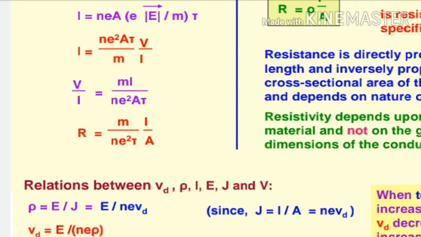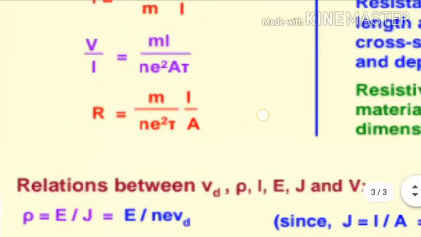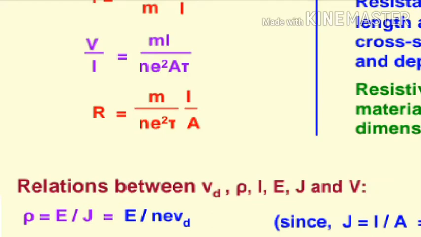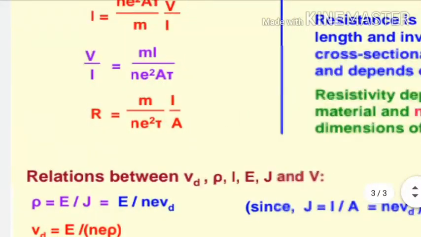If we look at this formula, the value of m, that is the mass of the electron, n, the number density of charge carriers, e, the charge present on one electron, and tau, the relaxation time, that is the average time between collisions of electrons, are all constant.